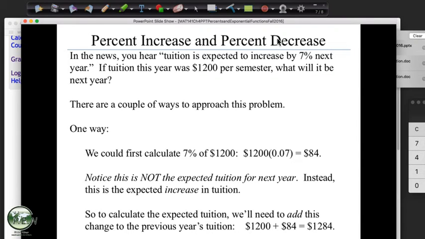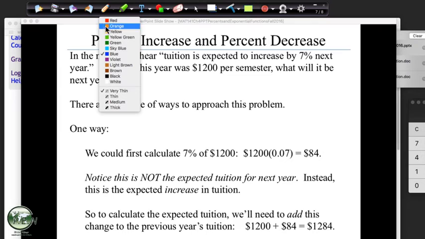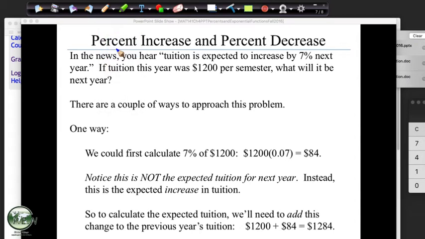Percent increase, percent decrease. What we're going to see is this is really what we've already talked about, but we're just going to think of it a little bit differently. They're going to walk you through this, but I'm going to take you to the shortcut.